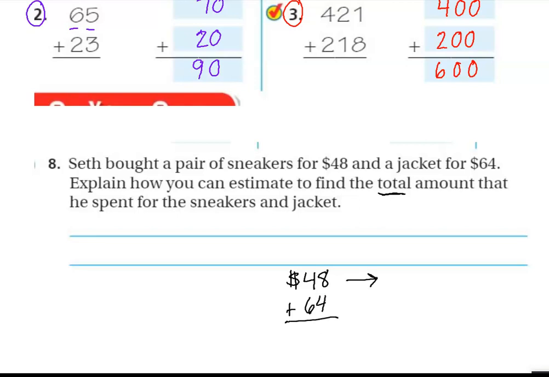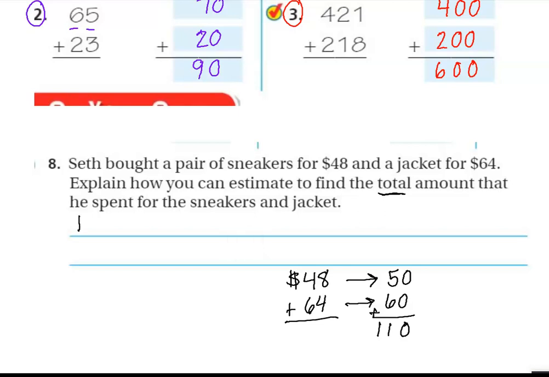I'm going to round 48 up to 50. Did you do that? 64, I'll round down to 60. And the answer is 110. So how can I explain this? Let's figure that out.